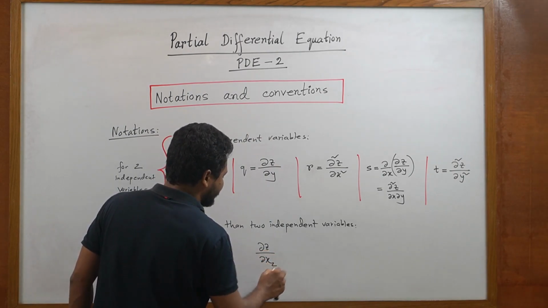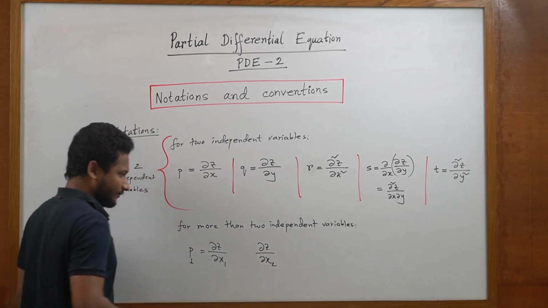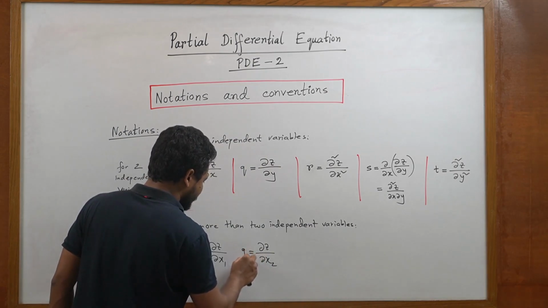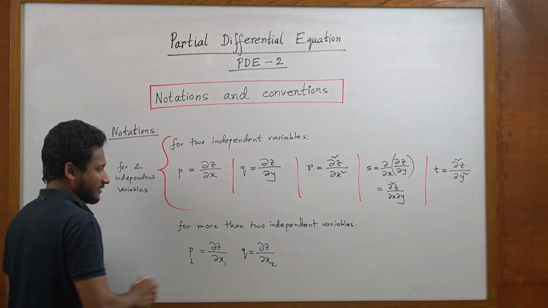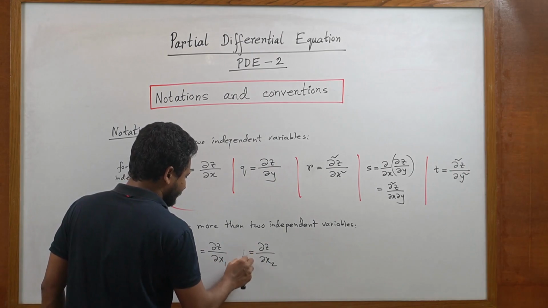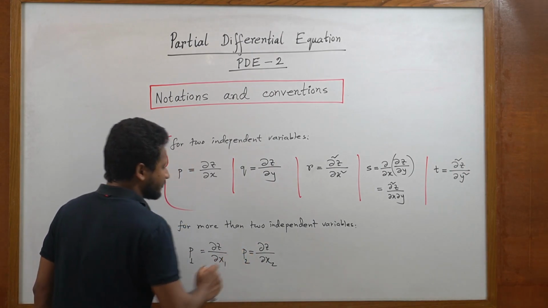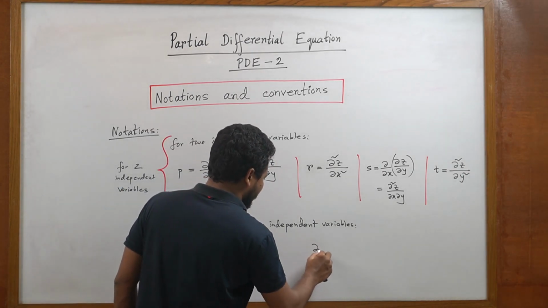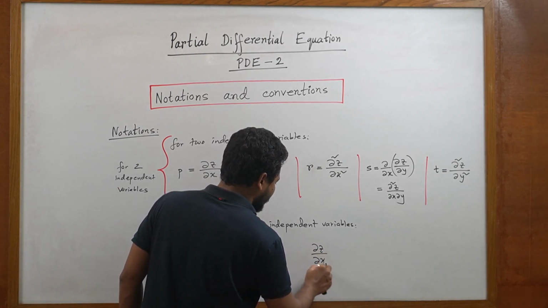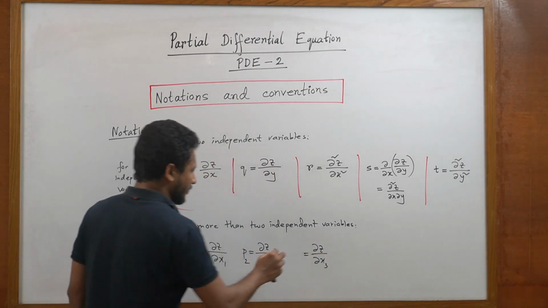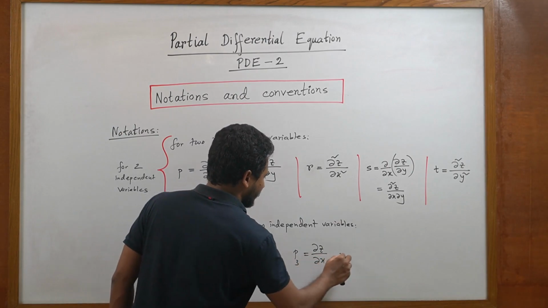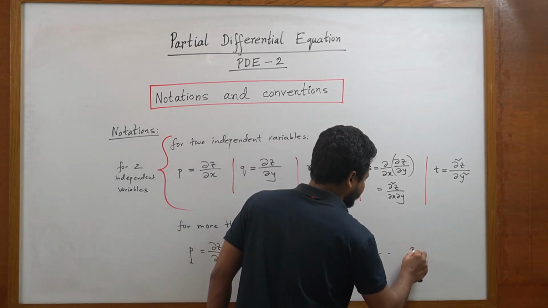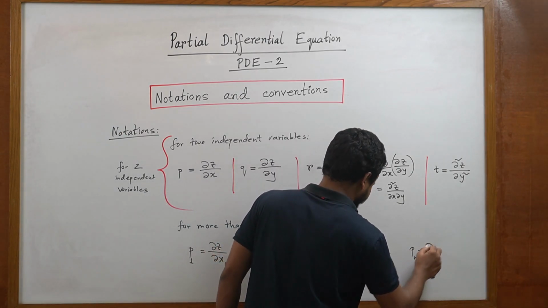The partial derivative of z with respect to x2 will be called smaller case p2. The partial derivative of z with respect to x3 will be called p3 and so on. Okay?